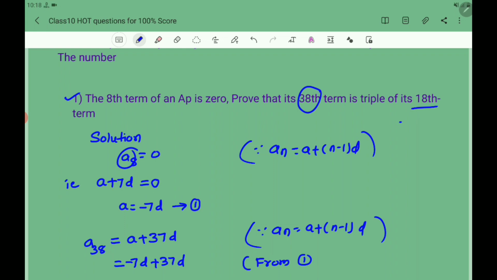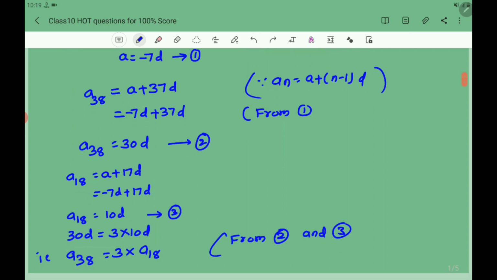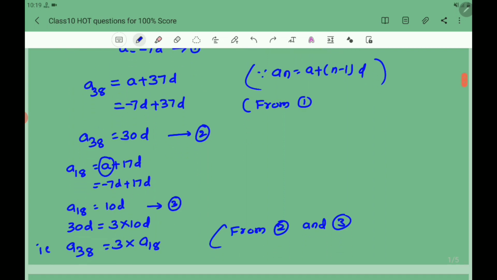Here we have taken A8 equals 0. A8 is nothing but A plus 7D. A plus 7D is equals to 0 means A is equals to minus 7D. This relation is used. Here A is substituted by minus 7D. You got 30D, 37 minus 7. And here also A is substituted by minus 7D.